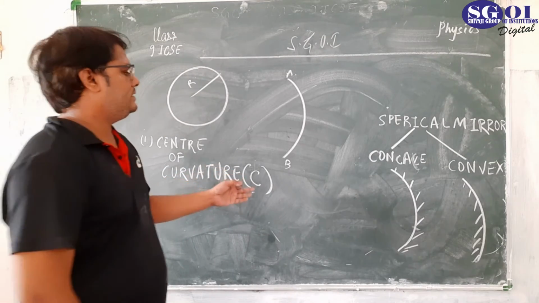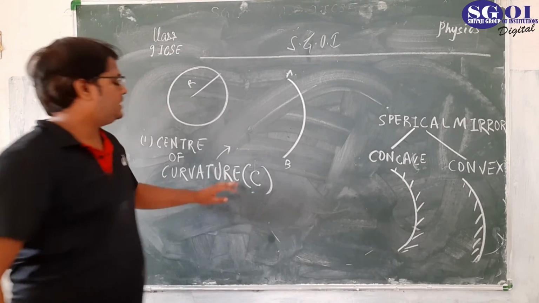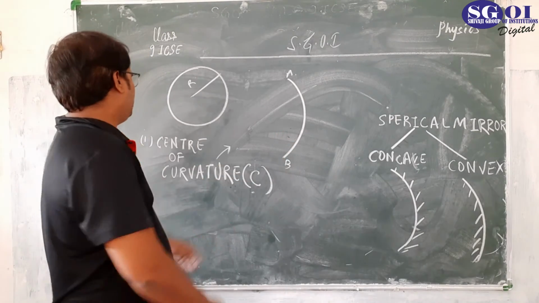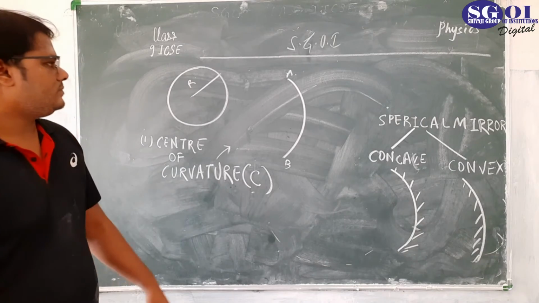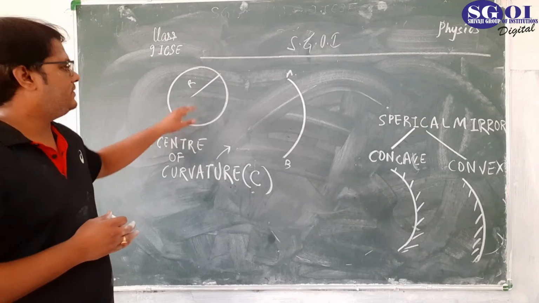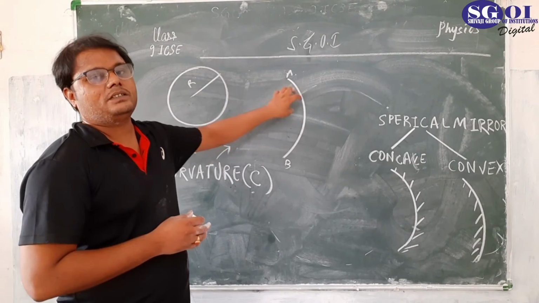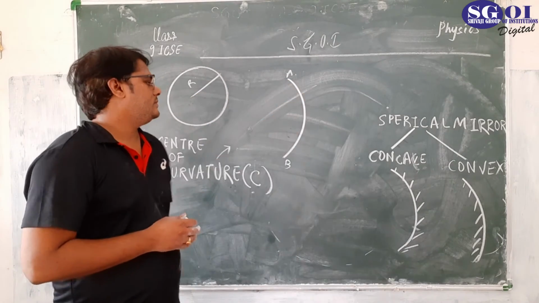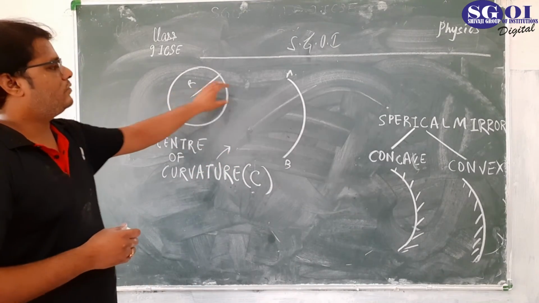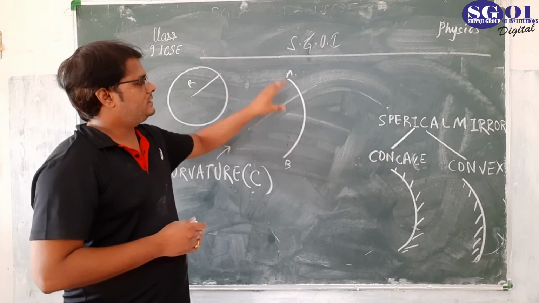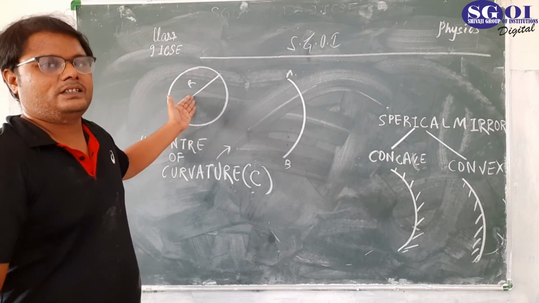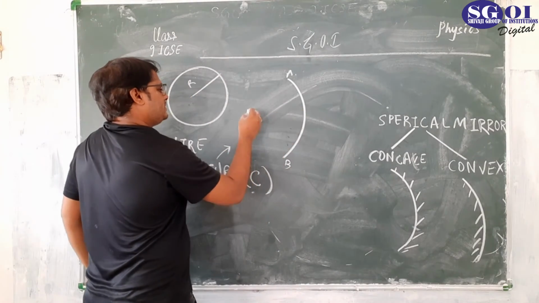What is the definition of it? First of all, these terms are used when defining properties of a spherical mirror. So let's define center of curvature. Center of curvature C is the center of that sphere from which this mirror was cut. This surface was cut off from this sphere, so its center should lie somewhere here.